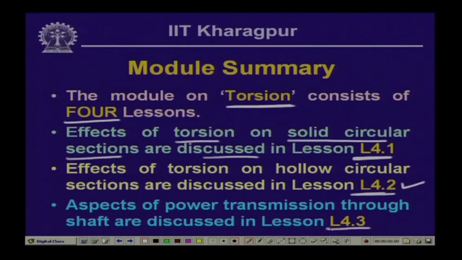In the third lesson, L 4.3, we saw the aspects of power transmission through shafts, the relationship between power and torque, and from that we could compute the stresses and the angle of rotation in the shaft when it is used for transmitting power from one device to the other. And lastly, the fourth lesson, which was this particular lesson, in which we discussed the evaluation of internal resisting twisting moment for an indeterminate system, and consequently the stresses and the deformation that occur because of the twisting moment.